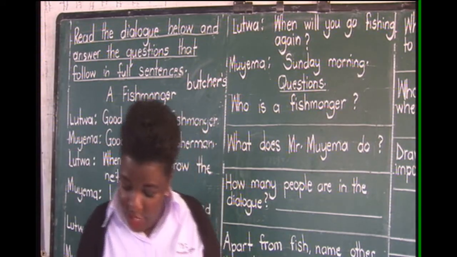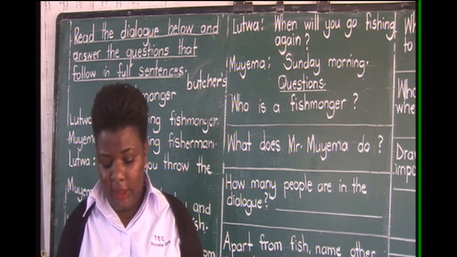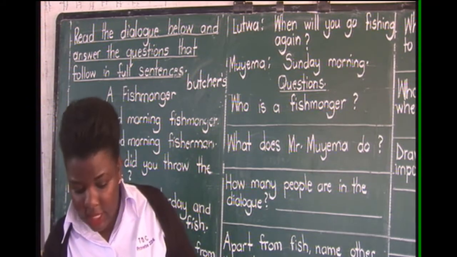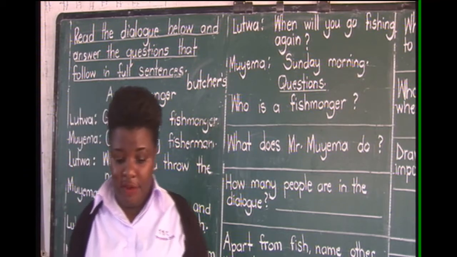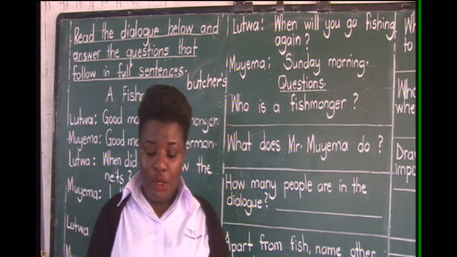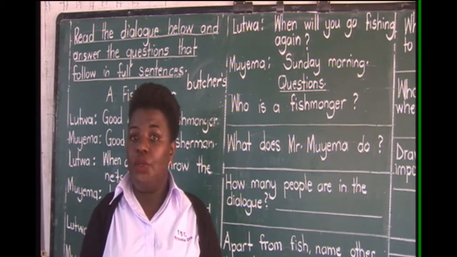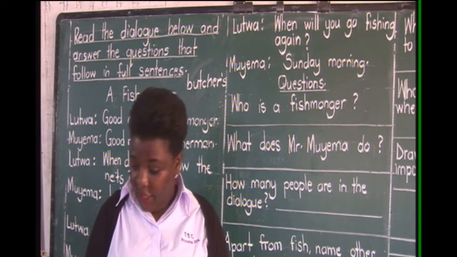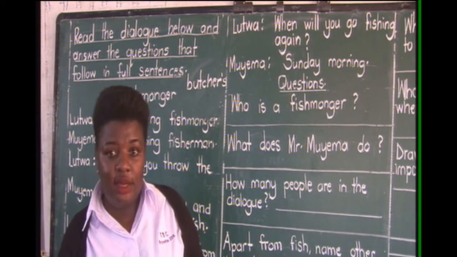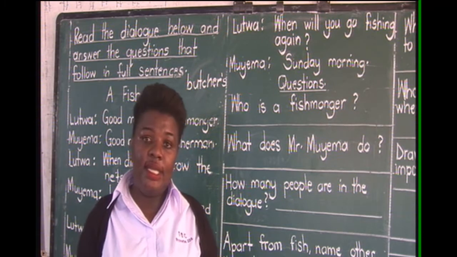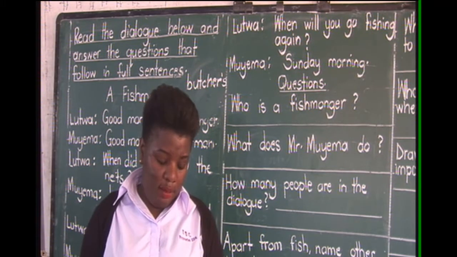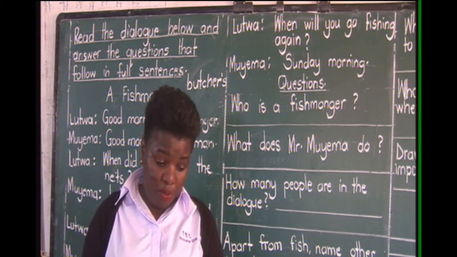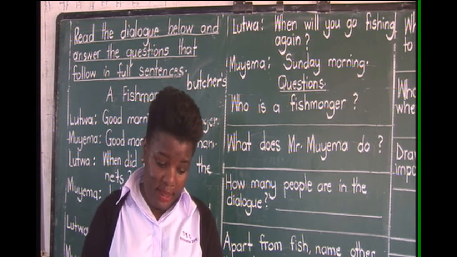So dear children, we've been given an activity, and the activity is telling us to write sentences using the given vocabulary. So what you're going to do here, you're not going to explain. When they tell you to construct a sentence, they want you to use that word in a sentence, not explaining. So each line is going to be for one vocabulary.